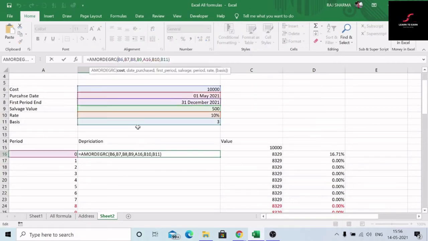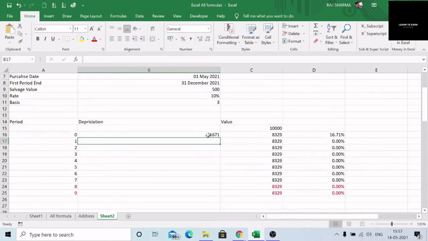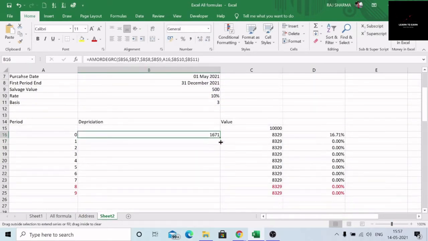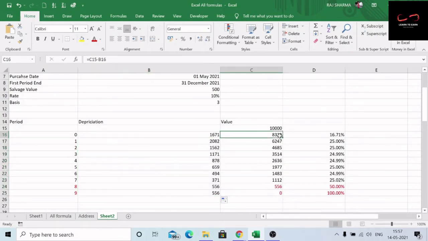For that we need to first freeze the cells which are going to remain absolute. And then we can drag this formula and we will get the closing book value.